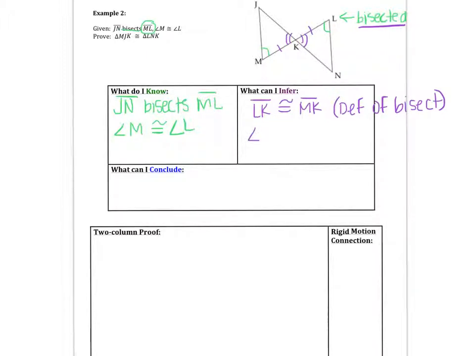So angle, and I'm going to start with MKJ. You could say JKM, but I'm going to go MKJ is congruent to, so now I have to go the same direction. So M, I started with the 1 angle marker, so I have to go LKN. And I knew they were vertical angles. And I'm going to go ahead down here because I saw that I had to reverse the order of those letters as I wrote them, that this isn't a reflection, it's going to be a rotation. So I'm going to go ahead and write rotation down here.